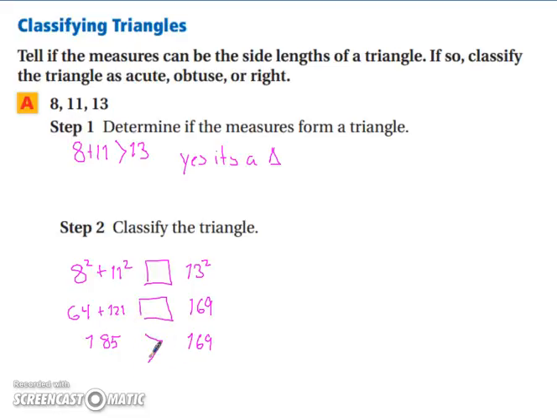So, since your c squared is smaller, your triangle is acute. So remember, if c squared is bigger, it's obtuse. If it's equal, you have your normal old school right triangle. Try these next two on your own, and then we'll try them together.